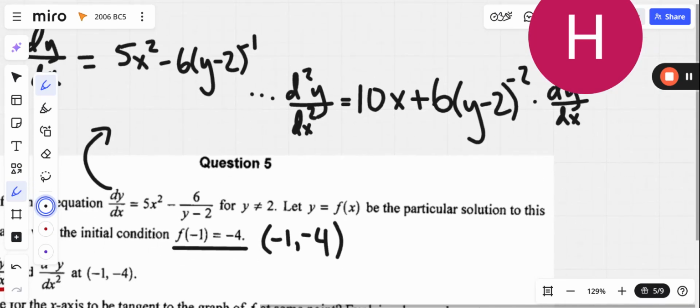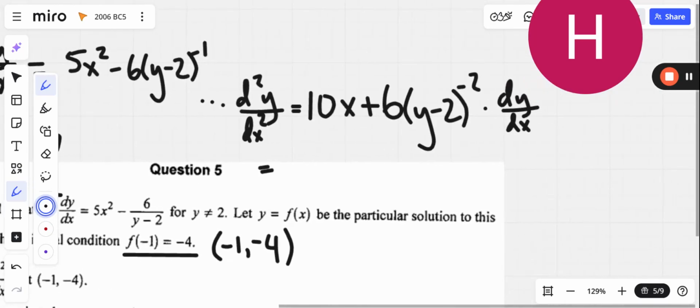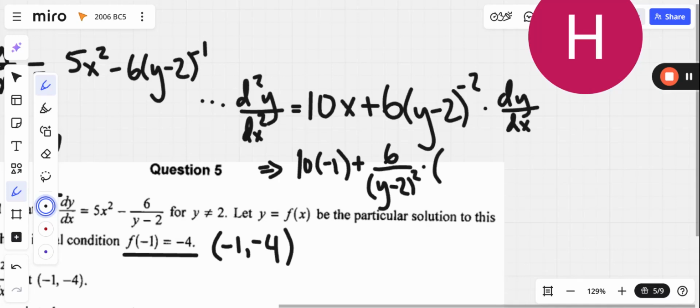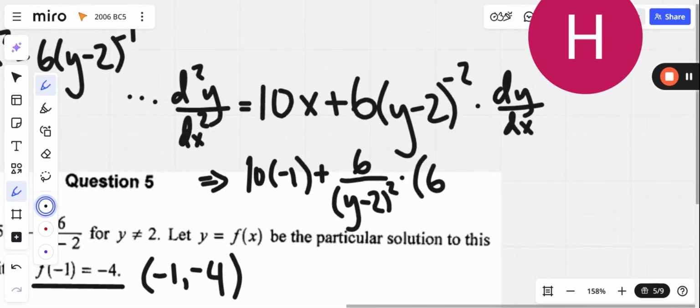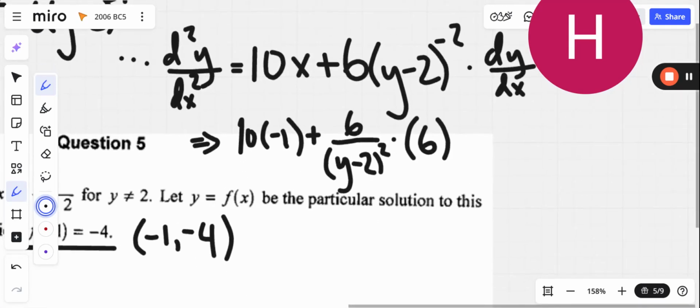So if we're plugging in (-1, -4) again, this is going to go to 10 times -1 plus, maybe we can write it in the fraction form again, 6 over (y minus 2) squared. And then this is times dy/dx, which we happen to already know the value of, so I'm not going to use the time to write out the entire expression for dy/dx.